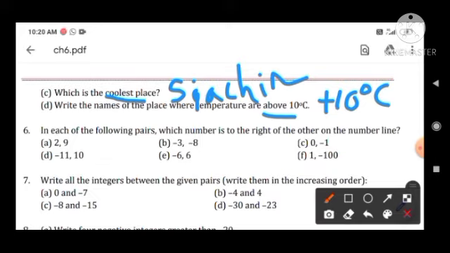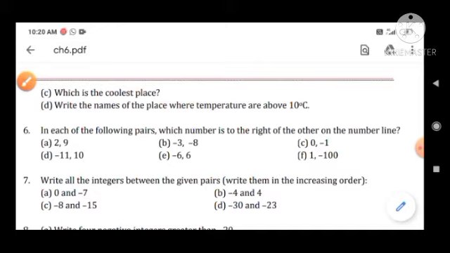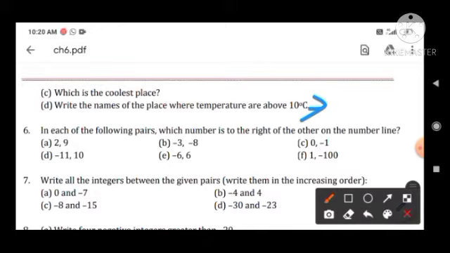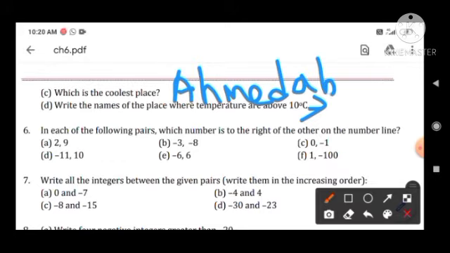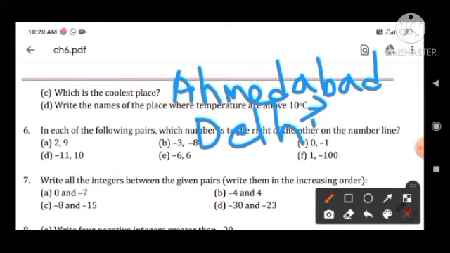So the answer is Ahmedabad and Delhi. Okay, these are the answers for question number D. So write it down, the answer of question number D.